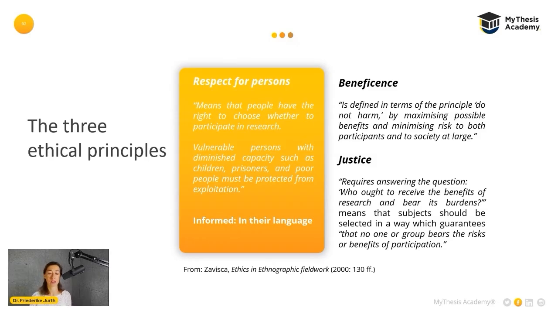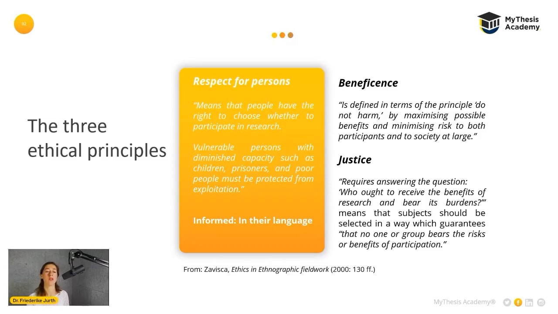And as the third, we have justice. Justice requires answering the question who ought to receive the benefits from research and bear the burdens. That means that subjects should be selected in a way which guarantees that no one or group bears the risks or benefits of participation on their own.